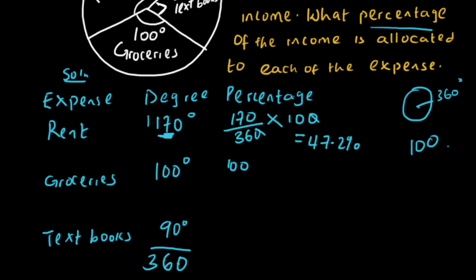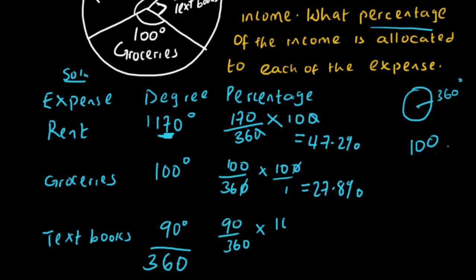We have 100 all over 360 times 100. 0 cancels 0. We have 100 times 10 is 1,000. 1,000 divided by 36 is approximately 27.8%. Then lastly, we have 90 all over 360 times 100. 0 cancels 0. 90 times 10 is 900. So 900 divided by 36 is 25%. So you can see we've gotten the percentage allocation for each of the expense.